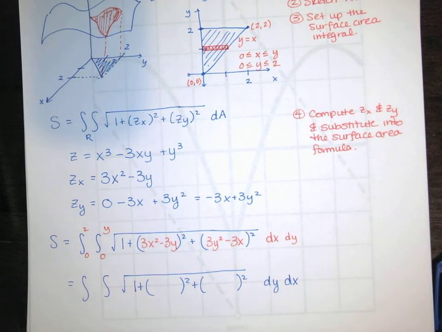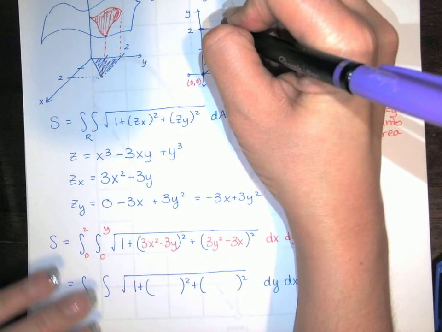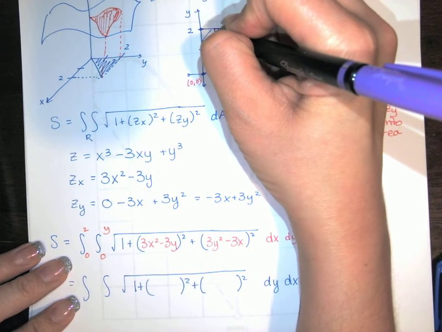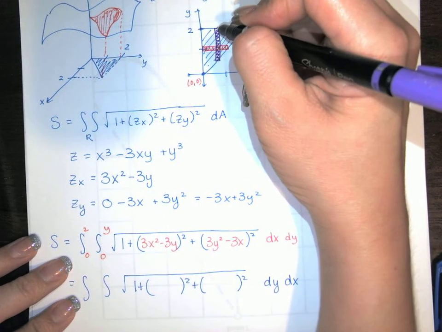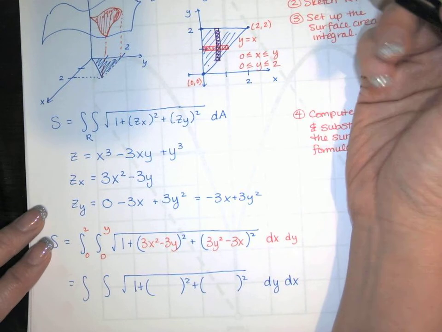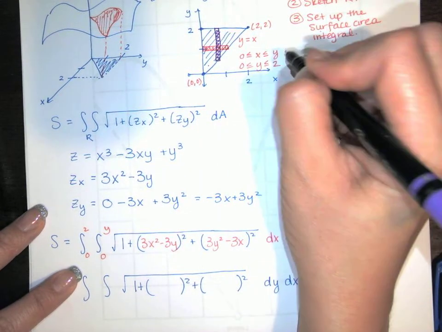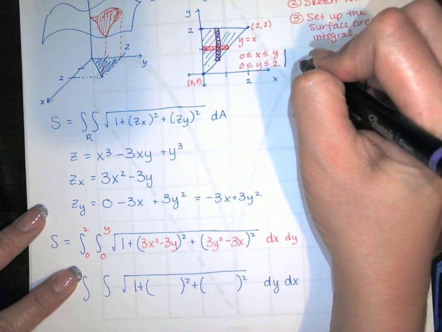Well, in that case, I need to draw my rectangles this way. And y is going from a function to a function, while x goes from a constant to a constant. Well, in that case, x is going from 0 to 2.